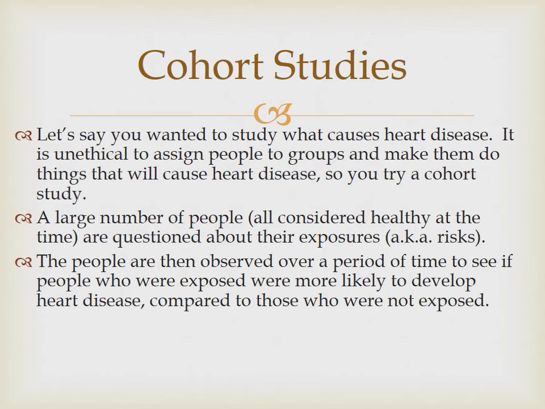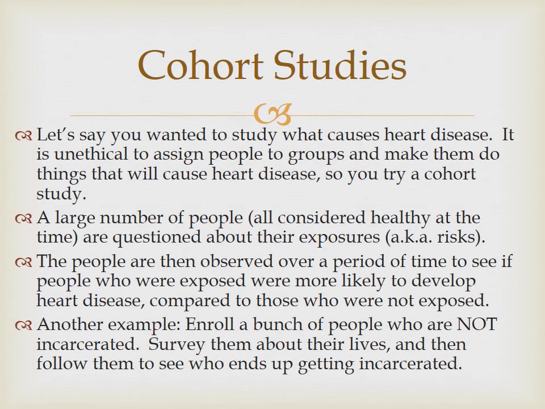And you see, what happens here is it's sort of natural. So rather than randomly assigning groups and saying, okay, everybody in this group's going to have to get heart disease, which of course we can't do that to people, rather than taking that approach, we let them sort themselves out. And then when they kind of form these groups, we look backwards.